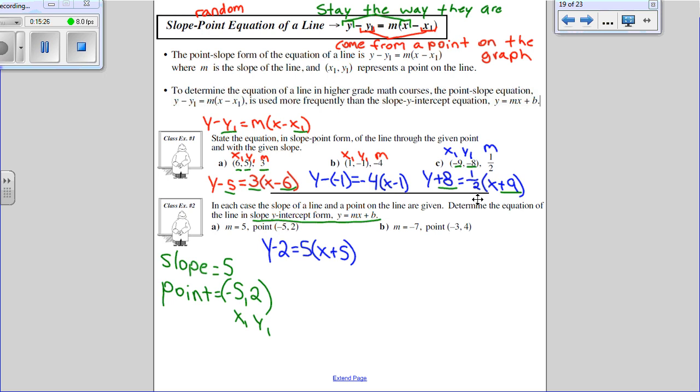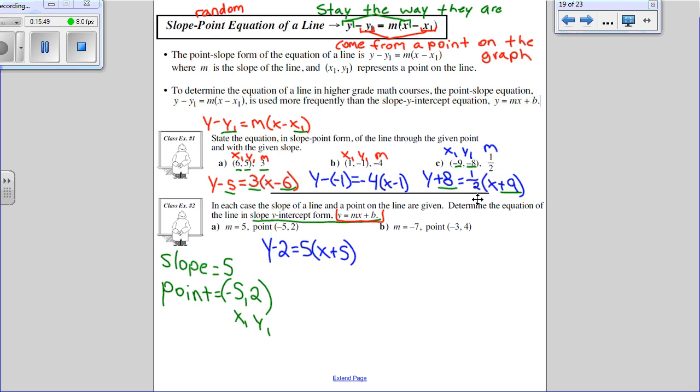Now that we've created this equation, we need to convert it into the form that it asked for. They asked for slope-intercept form. Slope-intercept form does not have any brackets. It also does not have anything next to the y. Our current form definitely has brackets and has something next to the y.